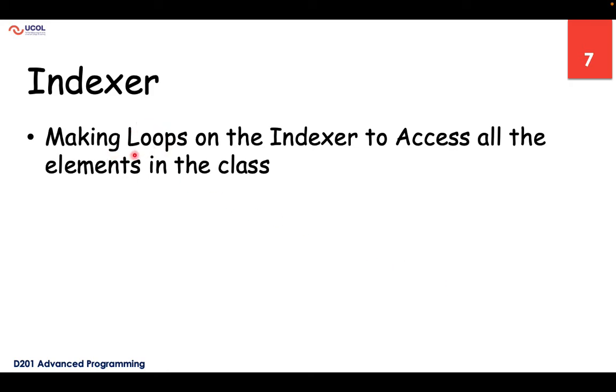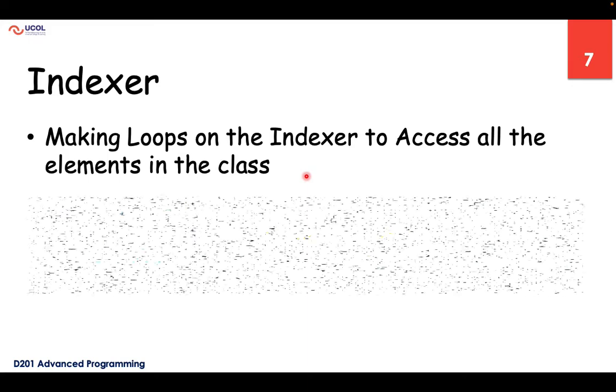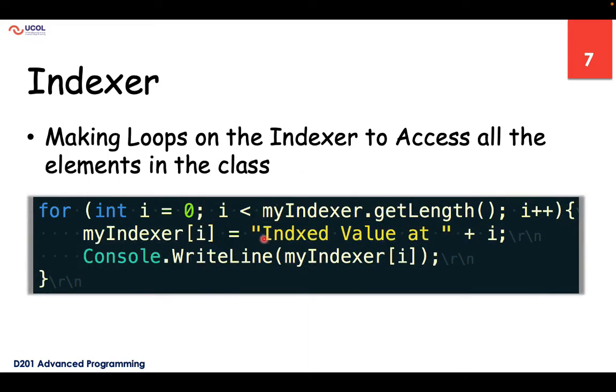Next, using loops on the indexer to access all the elements in the class. We can make a loop to access all the elements in the array that we have defined. So if we say int i is equal to 0, i less than myIndexer.GetLength, it will give me the length of the array which is present in there, and then i plus plus, myIndexer[i] is equal to the value at that specific index.